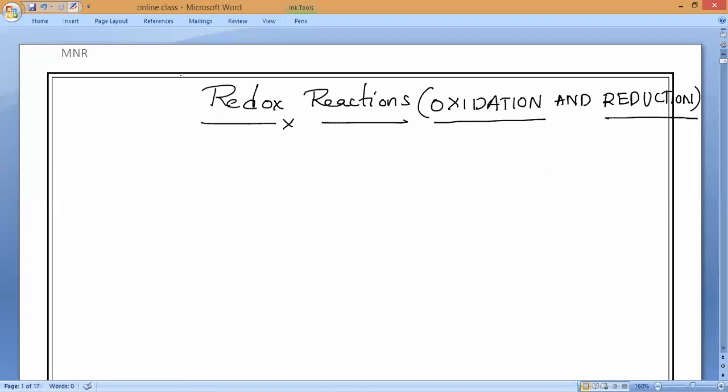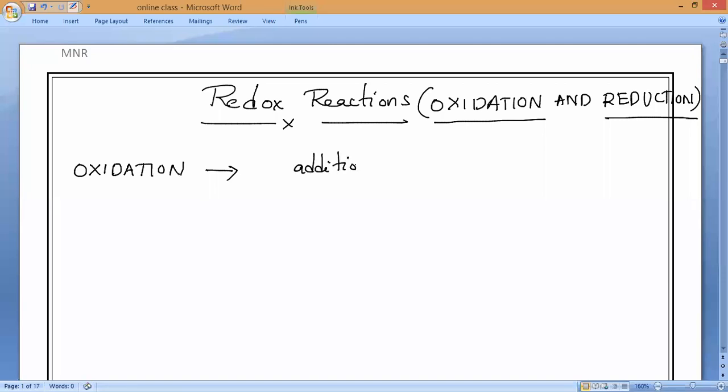The basic definition is very complicated, and a lot of parameters have to be considered. So simply, oxidation means addition of oxygen.